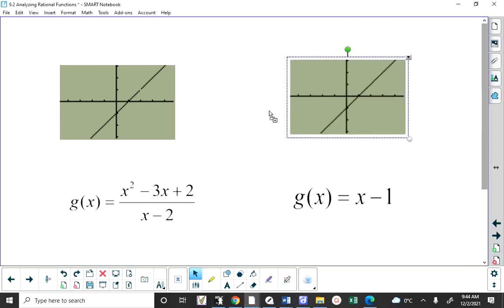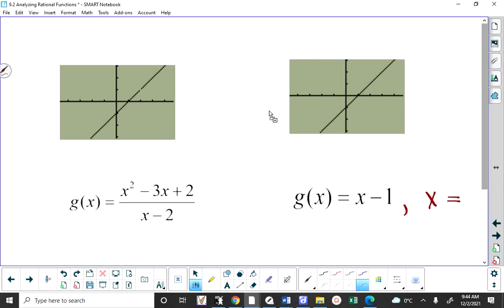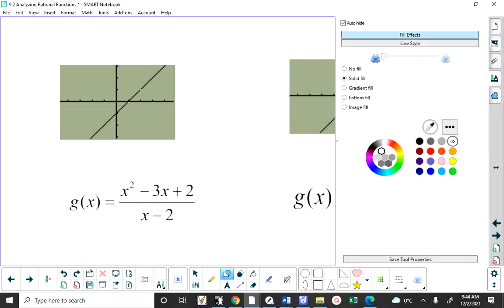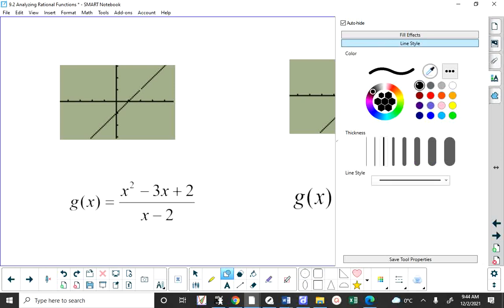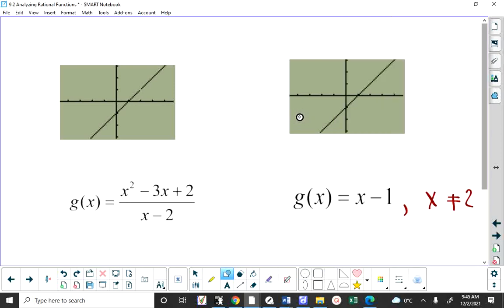These two graphs are different, which means these two functions are different, which means I cannot write g of x equals x minus 1 unless I say that x cannot equal 2. As soon as I say x cannot equal 2, then what happens is at x equals 2, I get a hole.